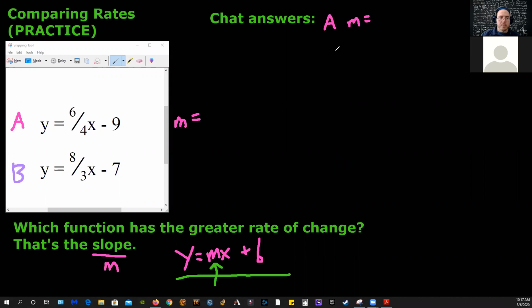Good, you're getting better at typing your fractions. And simplified as well. So 6/4, which is the same as 3/2. Yep, that is correct.